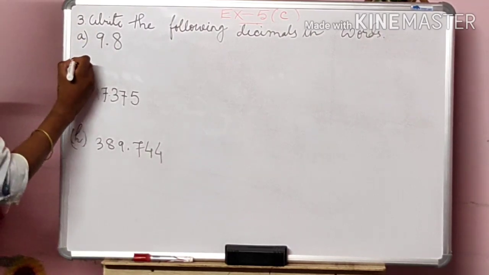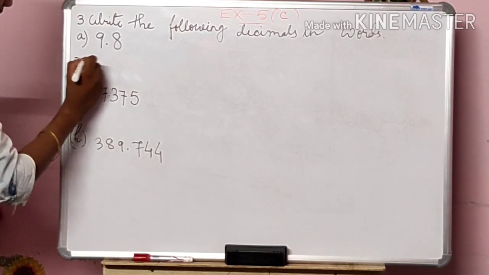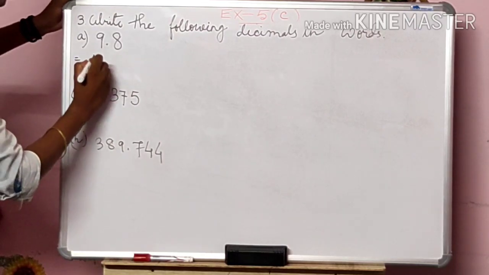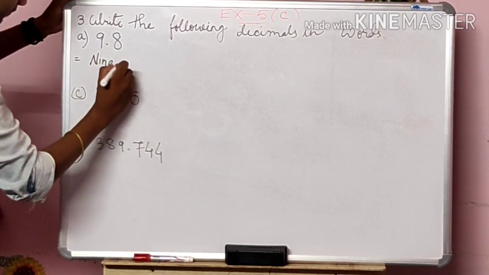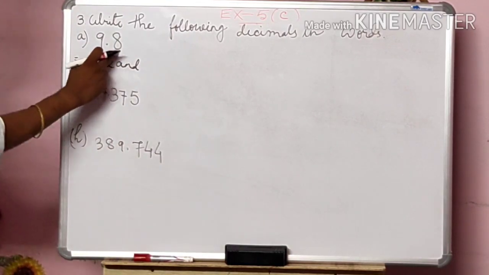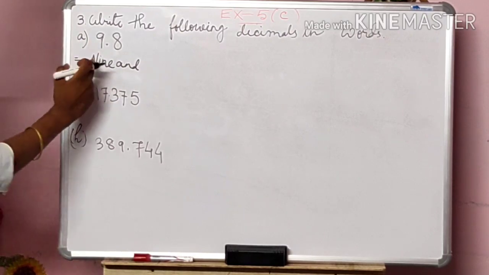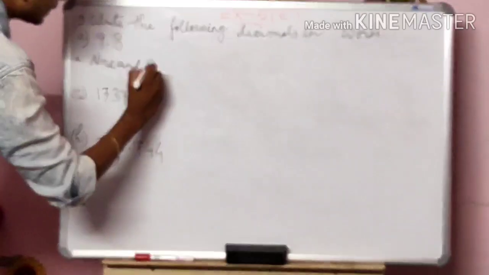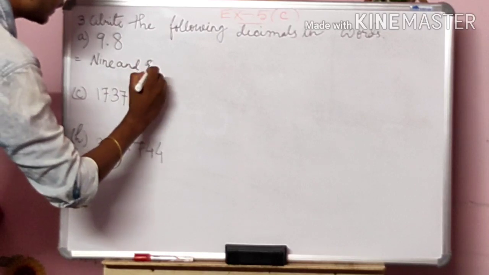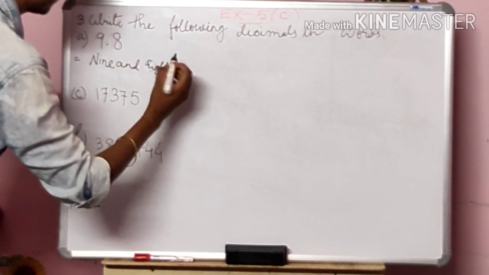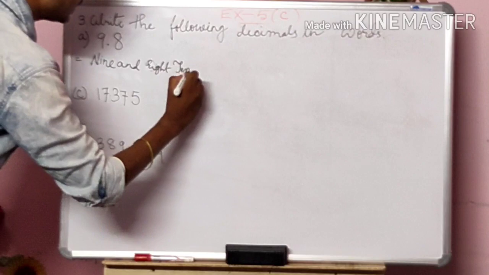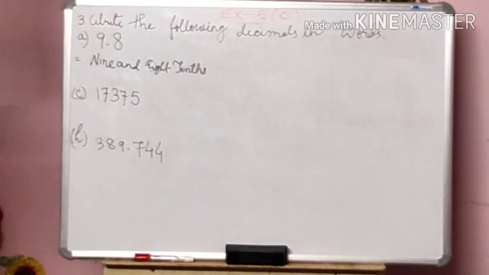First way that I am going to write it: it can be said as 9, and you look, 8 is in which place? 8 is in the tenths place, so it can be read as 9 and 8 tenths. Got it?